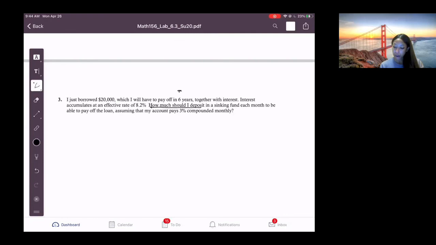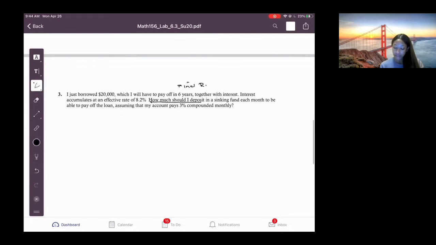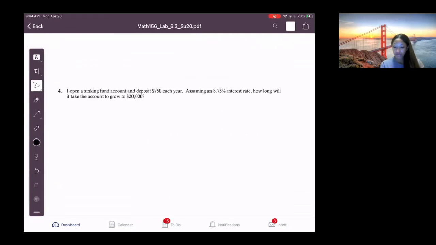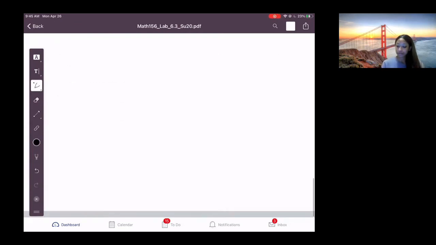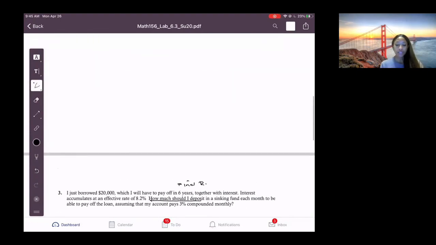This is finding R. And then the last one, I open a sinking fund account and deposit $750 each year, assuming an 8.75% interest rate. How long will it take the account to grow to $20,000? So you want to figure out how many payments you have to make. That one's an interesting one. You're going to end up having to use logs for number 4. All right, so I will stop here.